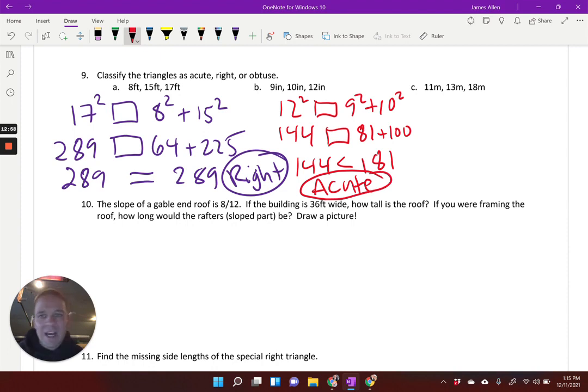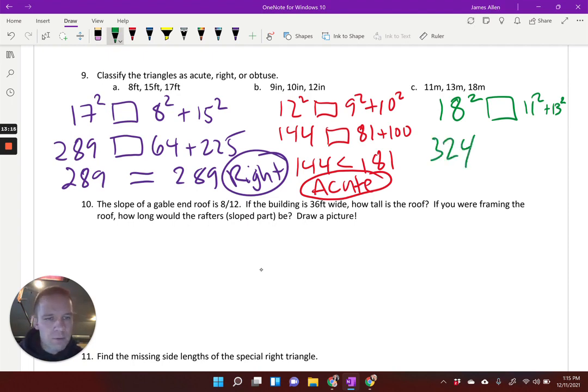Next one. Change colors again. Green. C squared is my 18. Then I got 11 squared plus 13 squared. Make sure that looks like a 13. There we go. So I've got 324. And then I got 121 plus 169.